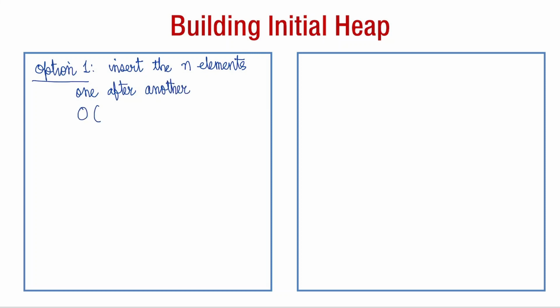But this will take order of n log n time, because each insertion is of the order of log n. But we will apply option 2, which is the build heap.